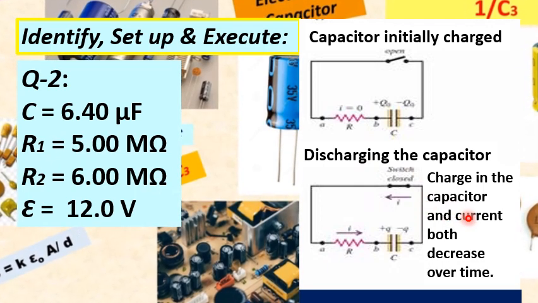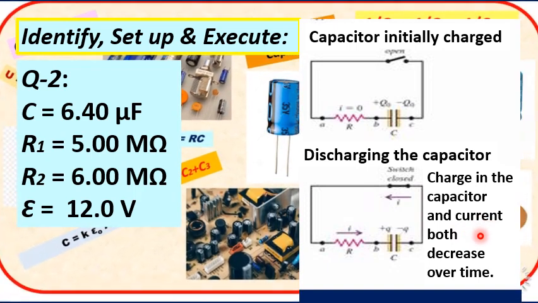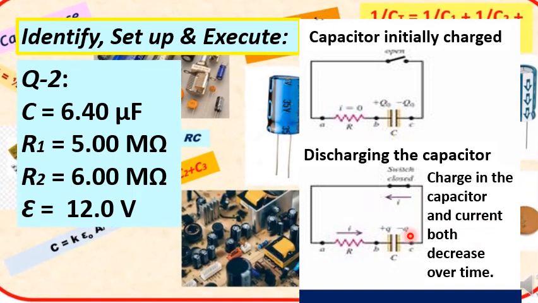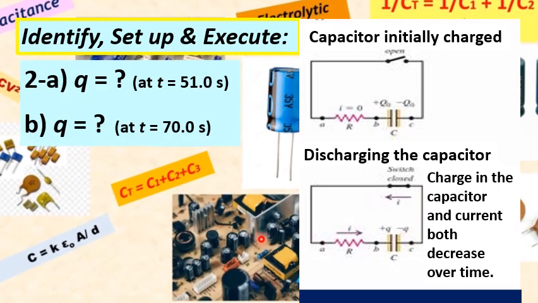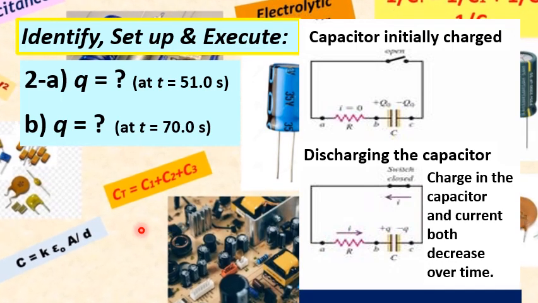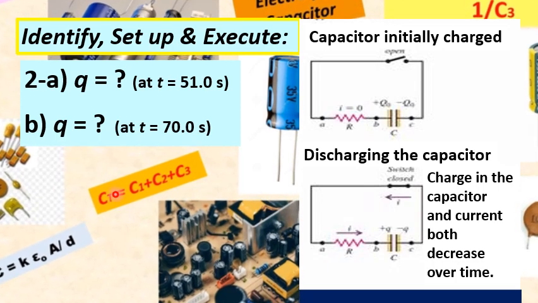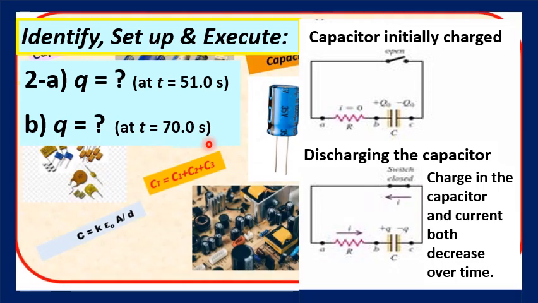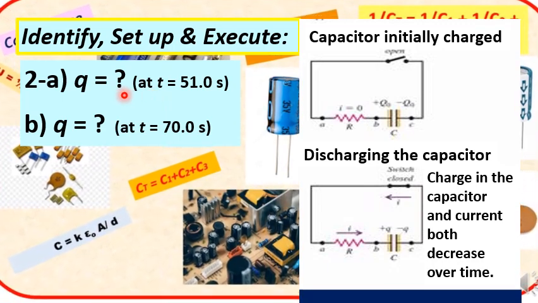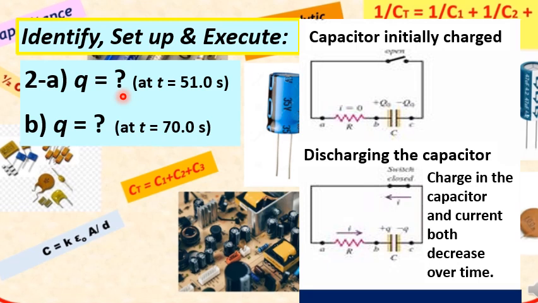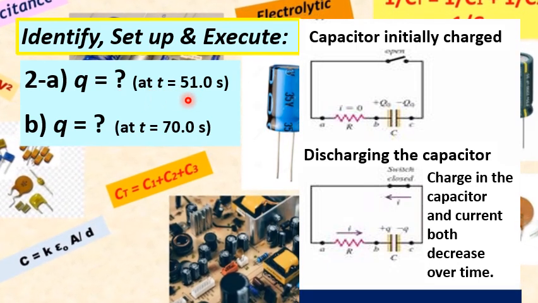While discharging, the charge in the capacitor and the current both decrease over time. So our target variables are, letter A, the charge small letter q on the capacitor when you disconnect it from the first circuit. Take note, it is the amount of charge after 51.0 seconds of charging the capacitor.